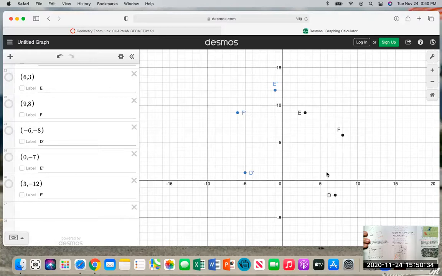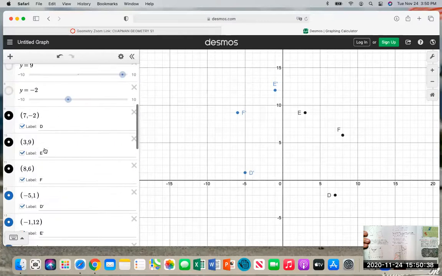So let's go ahead and shift these things up 3. So here's my points. I'm going to shift them up 3, which means I'm adding 3 to this. So -2 becomes 1. 9 plus 3 is 12. And then 6 plus 3 is 9. Take a look at that. After I shifted these things up 3, they're right next to each other.